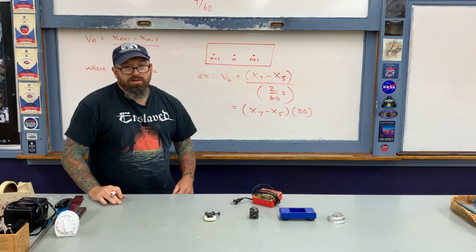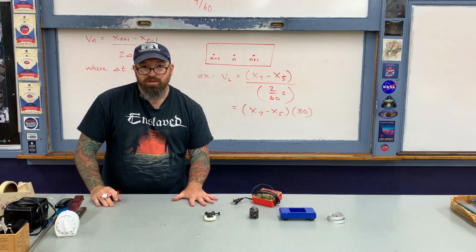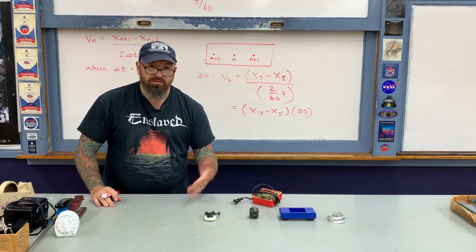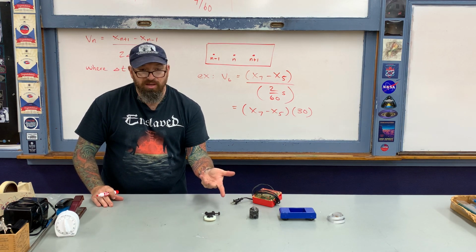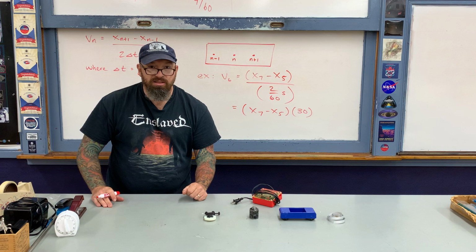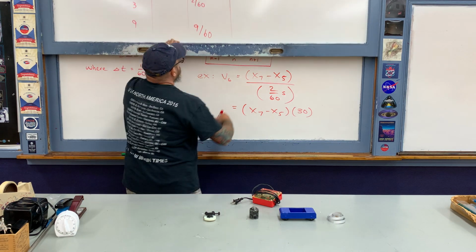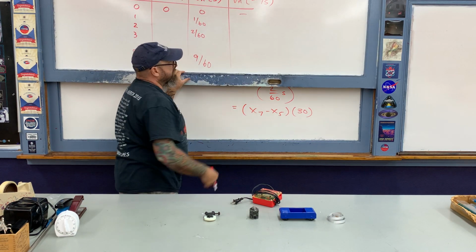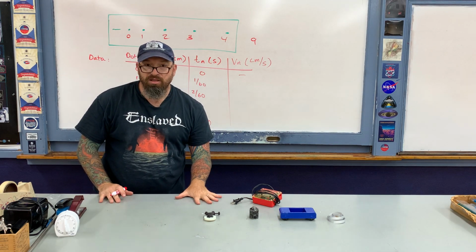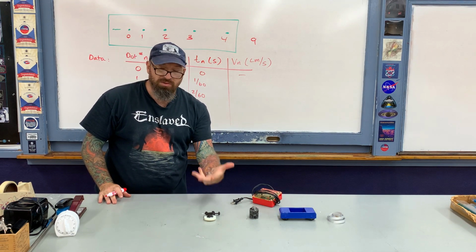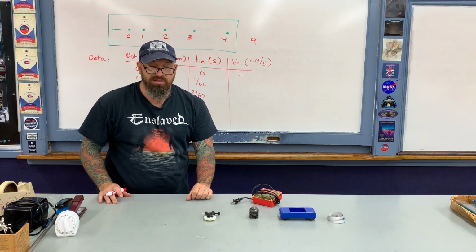Like so. Notice that you can't use this formula, however, for dot 0. And the reason for that is we don't have a dot -1. So in other words, you have to start somewhere. This then means that on the data table, you put a slash here for the velocity at dot 0. Similarly for dot 9, there is no dot 10. In other words, you have to stop somewhere.